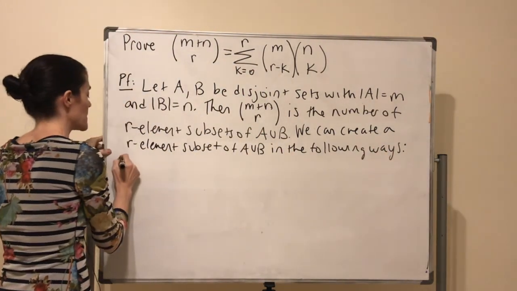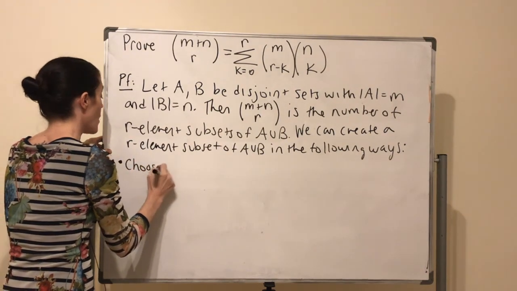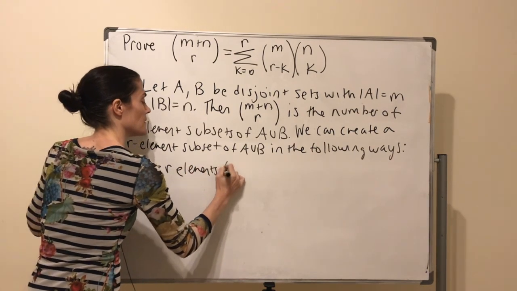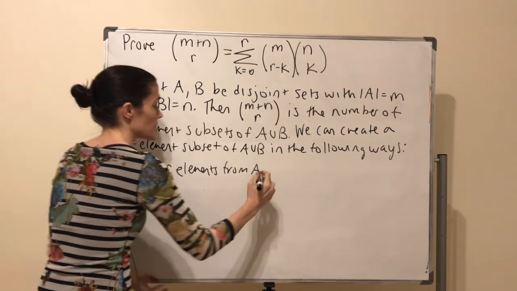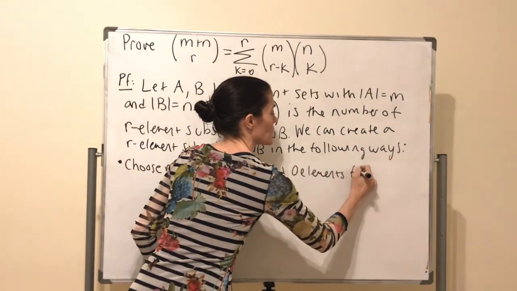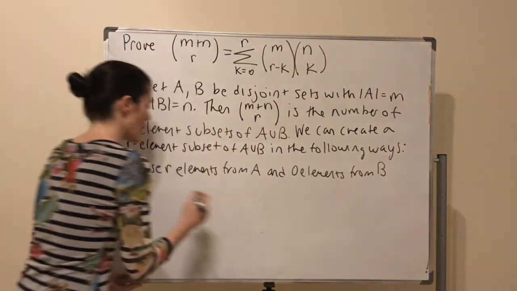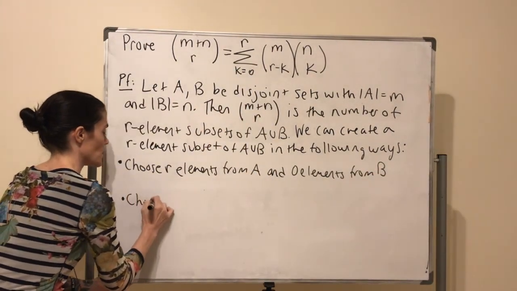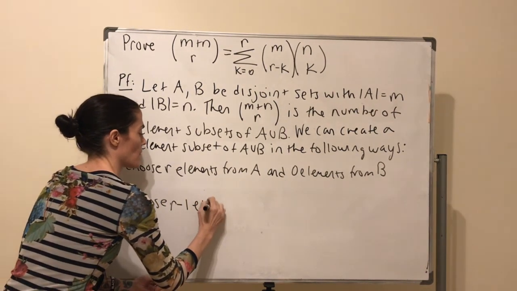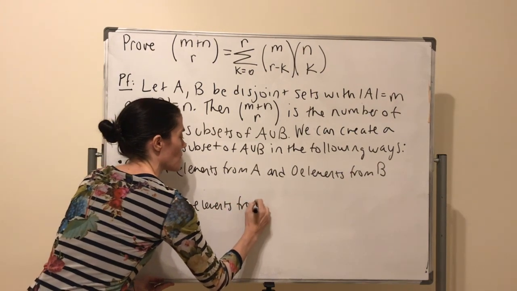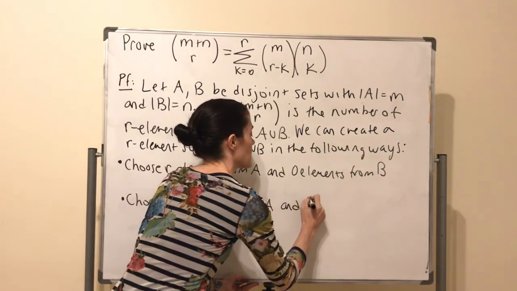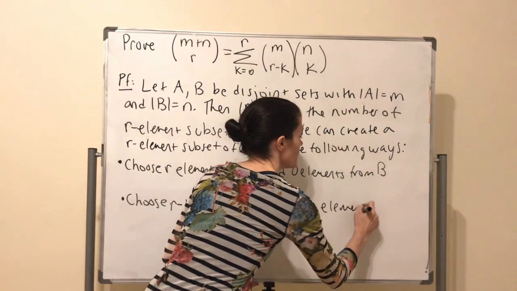Well, one possibility is we choose all R elements from A and 0 elements from B. Another possibility is we choose R minus 1 elements from A and 1 element from B. And this will continue.